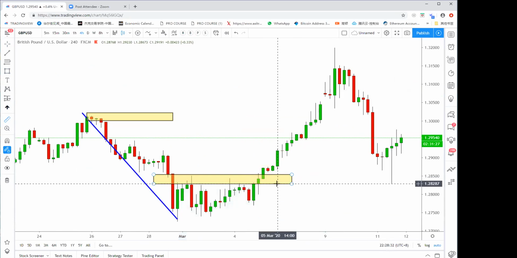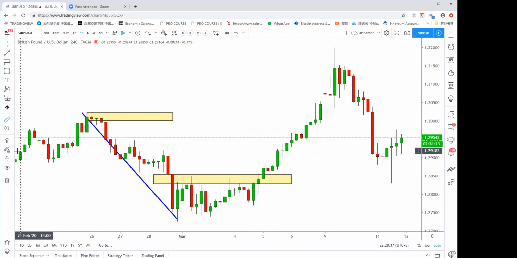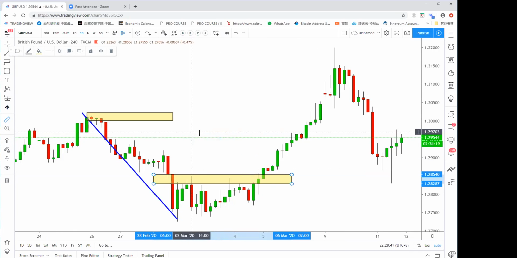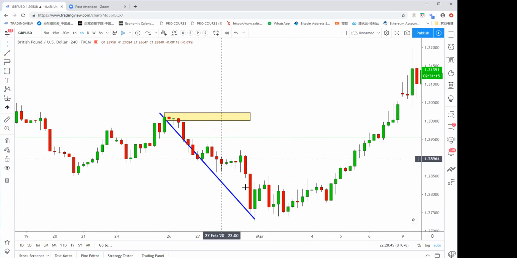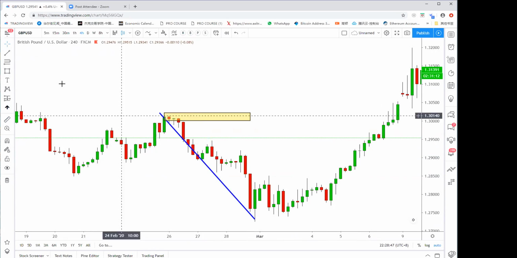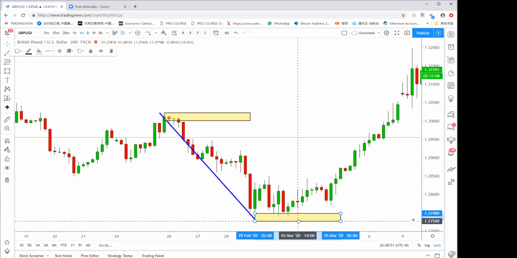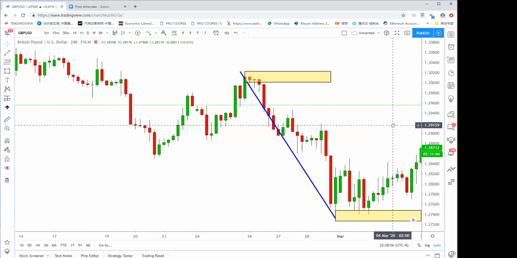Does that make some point? Do you feel the same? It's so interesting that the period of the downtrend and the period of the consolidation span almost the same equal amount of time. Is that amazing?